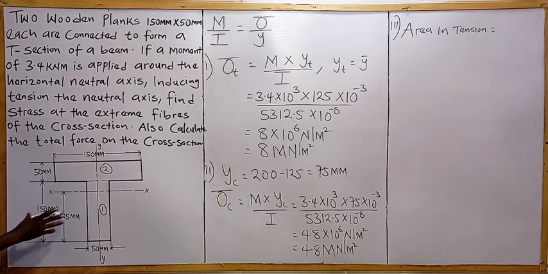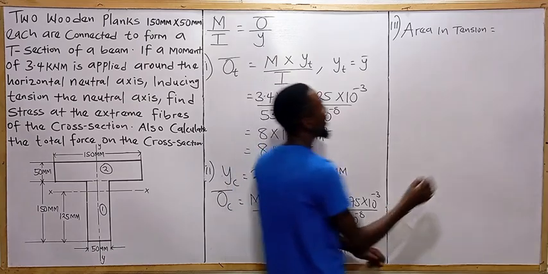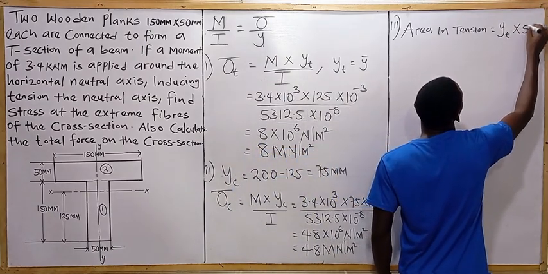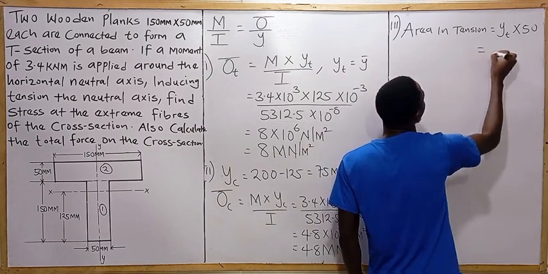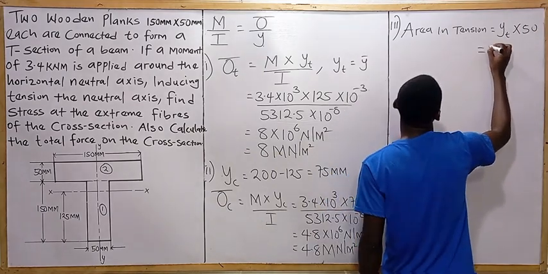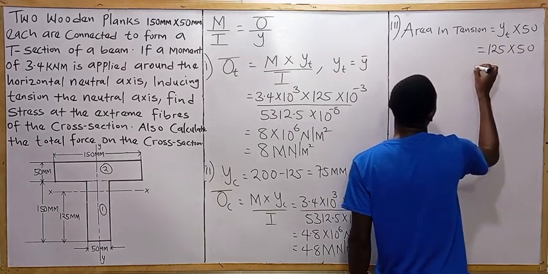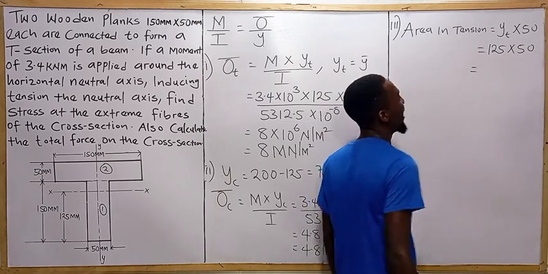So the area now is going to be length times breadth, that is 125 times 50. So the area in tension is going to be y subscript t multiplied by 50, which is equal to 125 multiplied by 50. All right, don't forget they are all in mm, right?